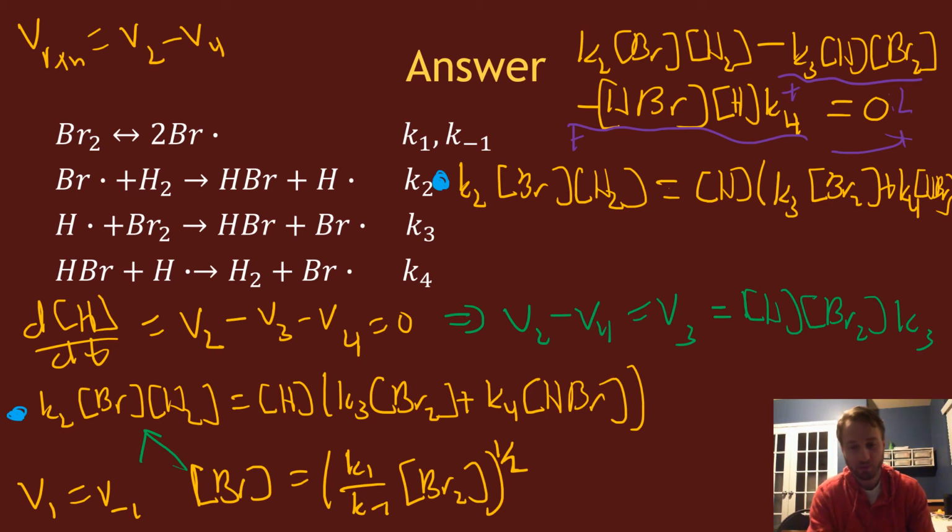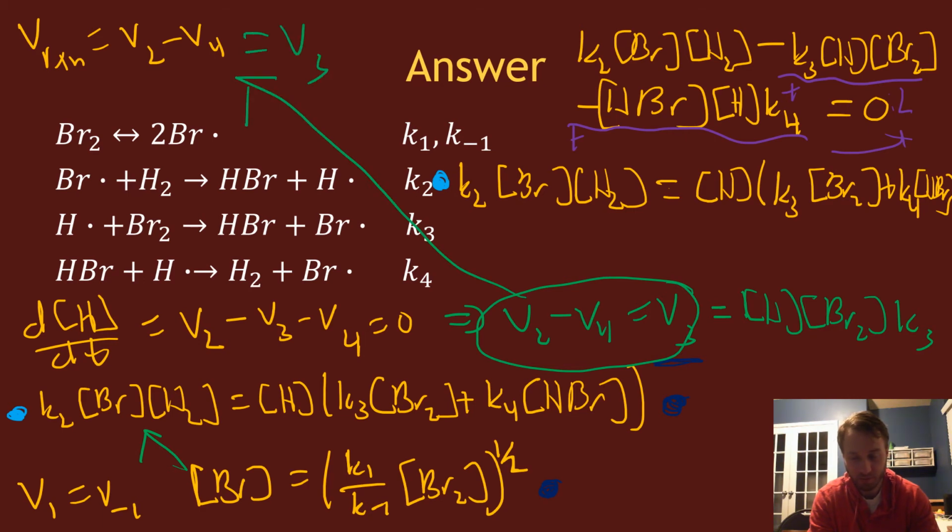So what I'm actually going to do is go to the next slide, and we're going to copy over some of these equations. So we're going to copy over this equation, and then the fact that the rate of the reaction is just equal to V3. Using this green equation here, I can plug that in up to there to get that the rate of the reaction is just equal to V3.